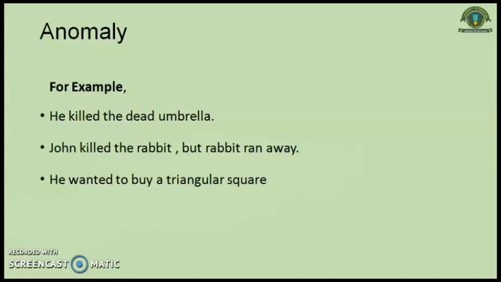So anomalous is actually a nonsense word that is in contradiction, that may be inconsistent. Anomalous is something that is based on meaninglessness. It is actually the violation of the normal semantic rules.